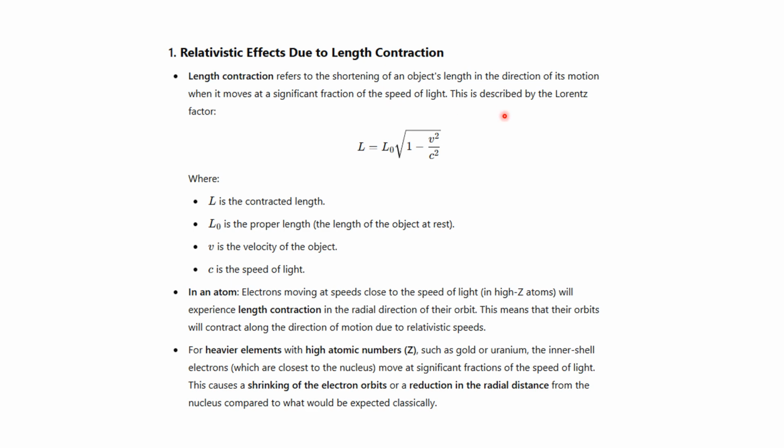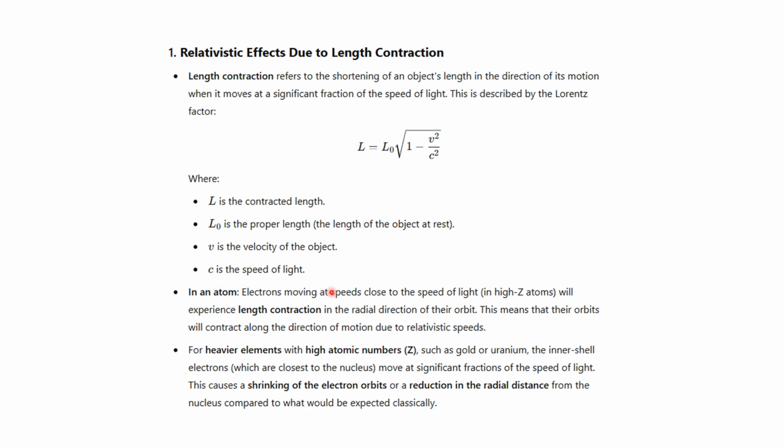So the Lorentz factor we define as L = L naught under root of 1 minus v square by c square. इधर L है हमारी contracted length, L naught is the proper length या length of object which is at rest, v is velocity of the object and c is the speed of light.